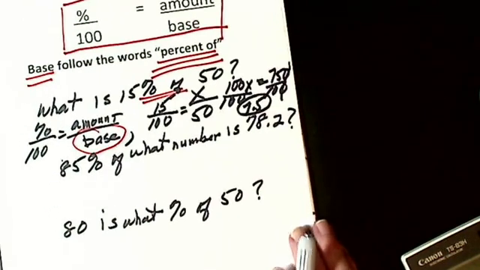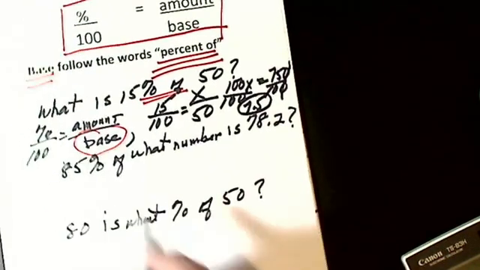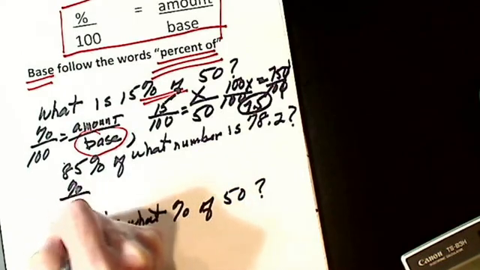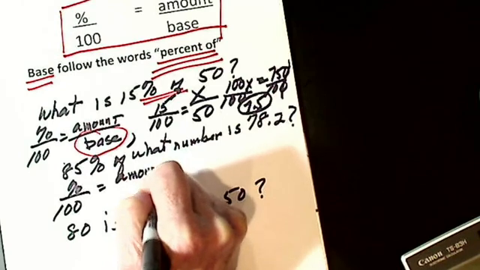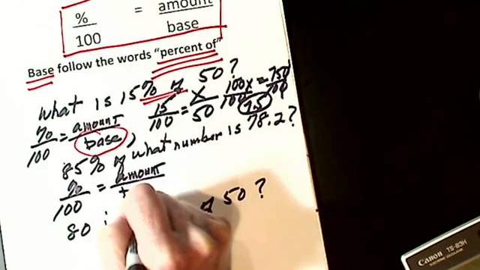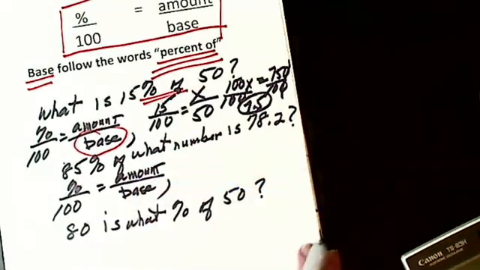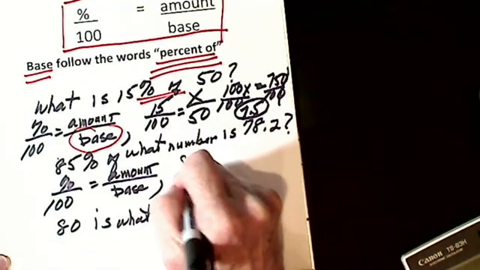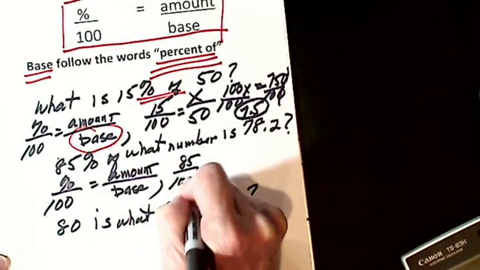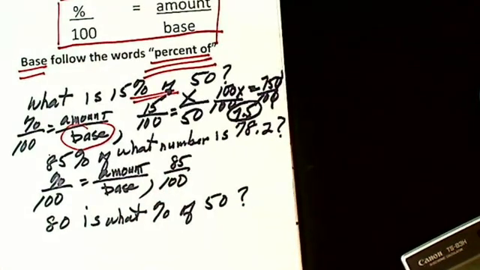All right, let's try the next one. I write my formula down. Percent over 100 equals amount over base. Do I have a percent? Yes. So it's going to be 85 over 100. Then I look for my base. Base follows the words percent of.